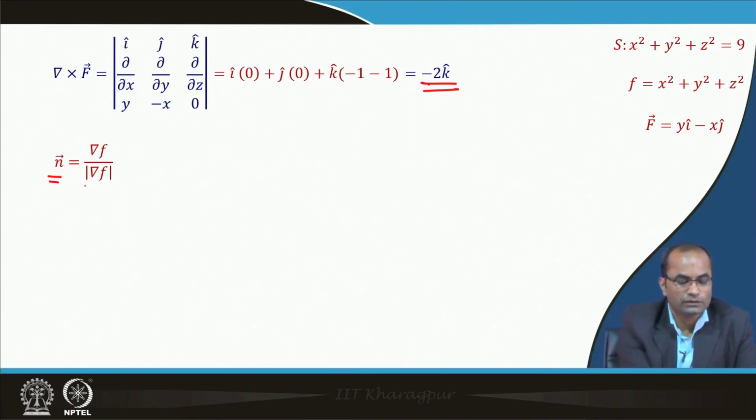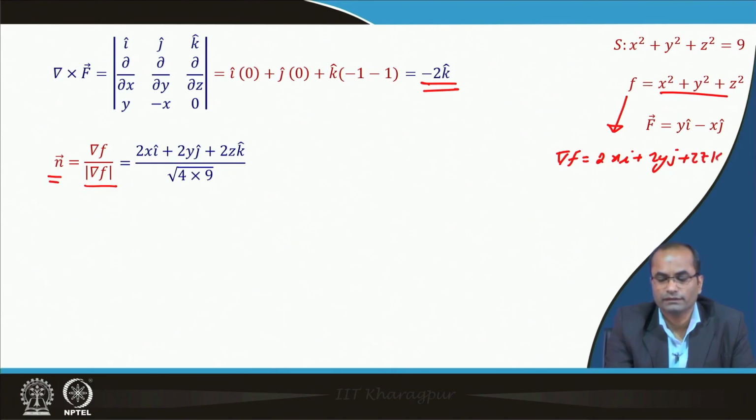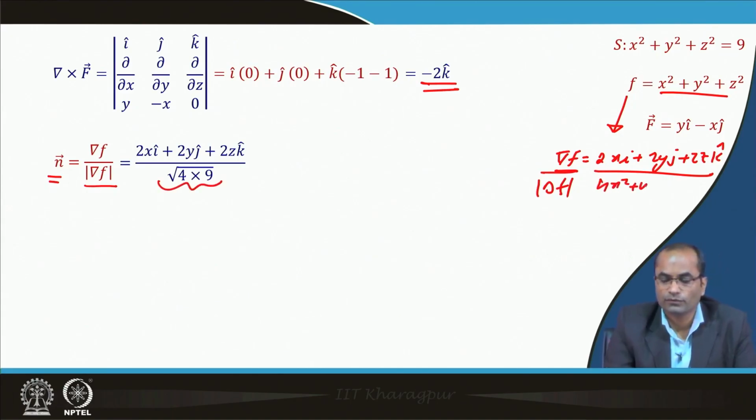and that can be computed now from del f. So, here we have this f. So, this del f will be 2x i and then 2y j, and then we have 2z k. So, that is del f, and dividing by its modulus, we get the square root of 4 x square plus 4 y square plus 4 z square.